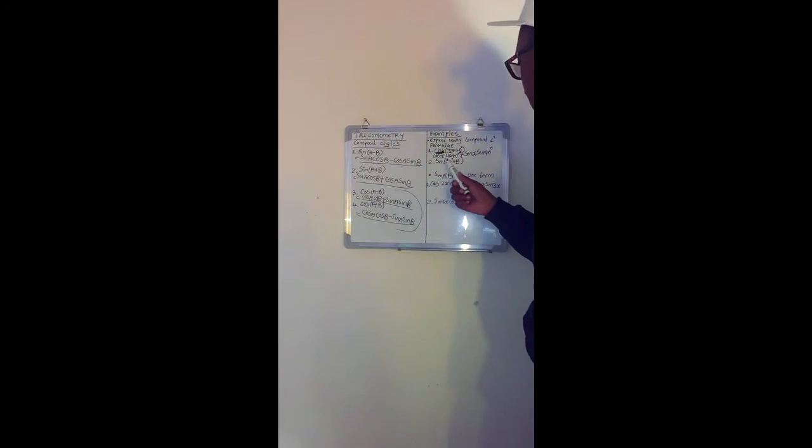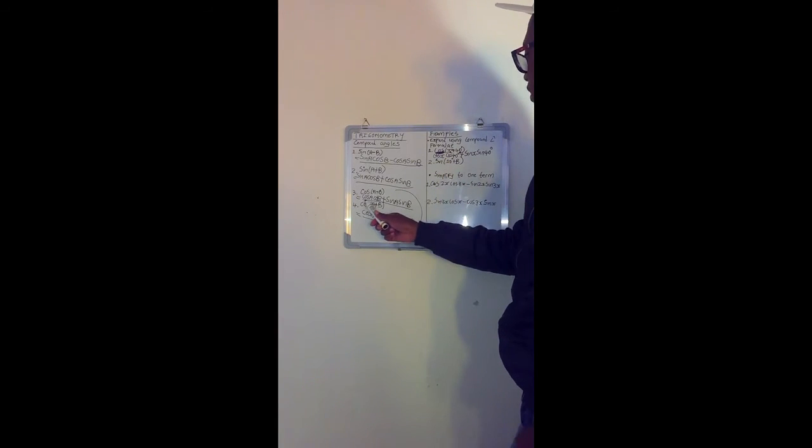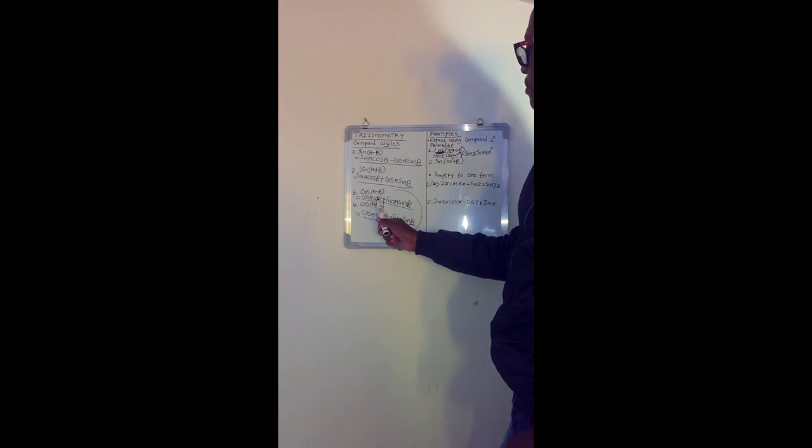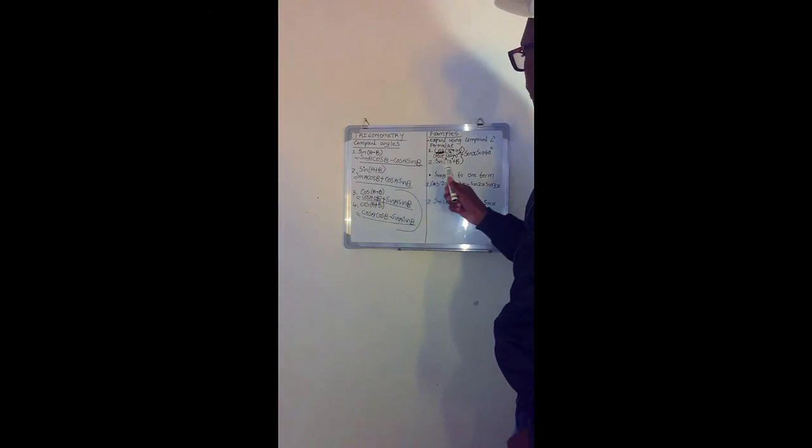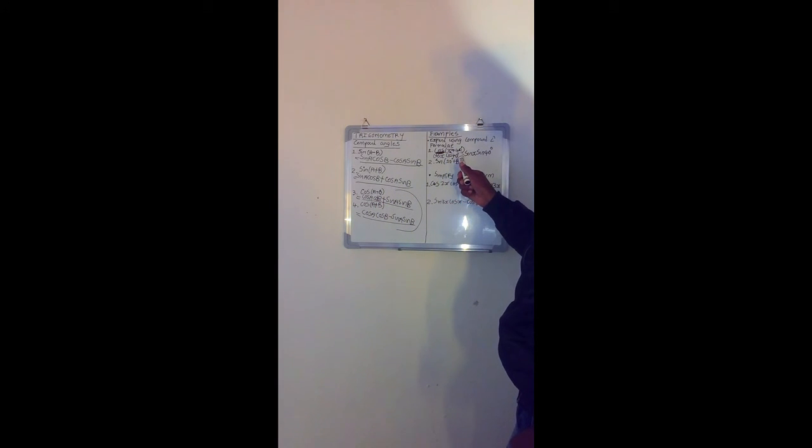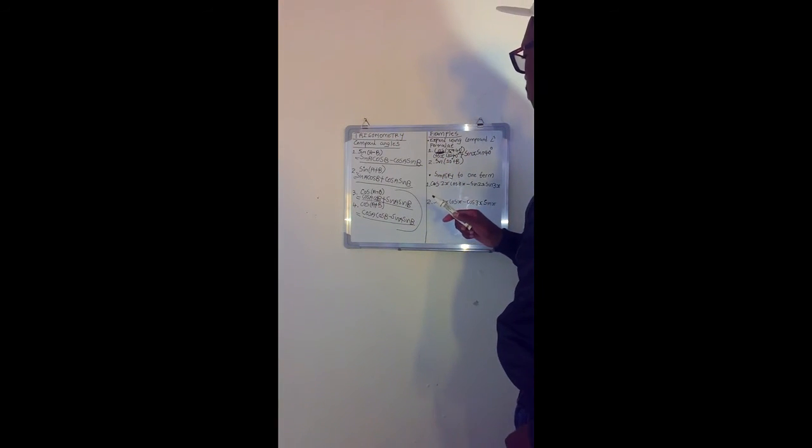So as you can see, we had A and B, and now we have x and 40.